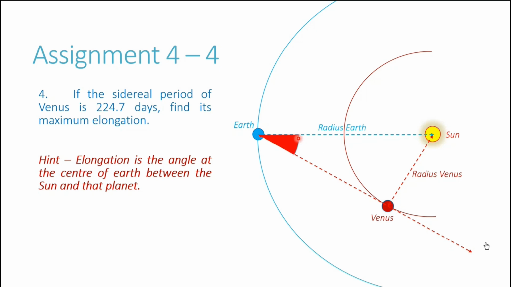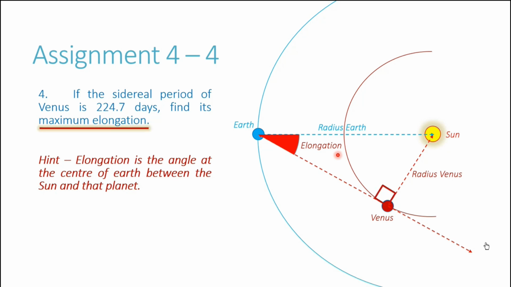And the elongation here is this particular angle, the red color angle which you see, the angle at the center of the Earth between the Sun and the planet Venus. This is what we require. So this is the maximum elongation of Venus.